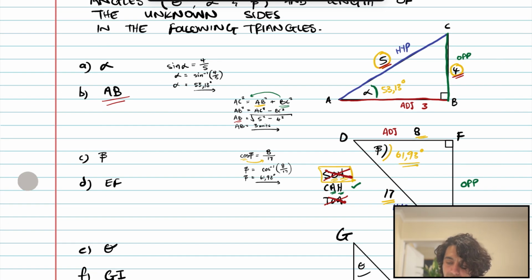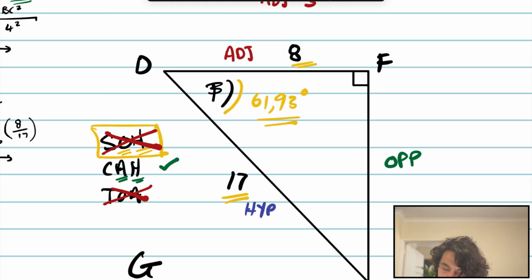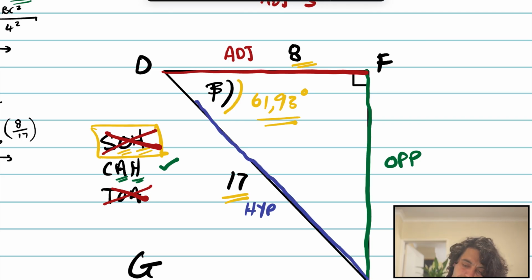All right, now I need to find EF. EF is my opposite side. I have 2 of the other sides, which are beautiful whole numbers. So why not use them?